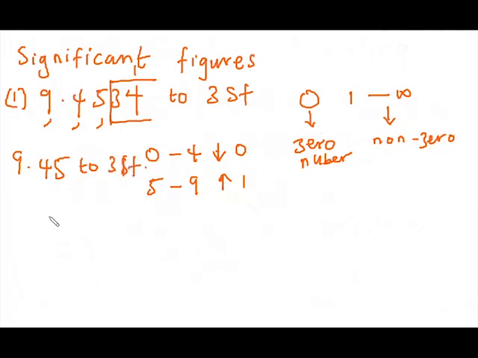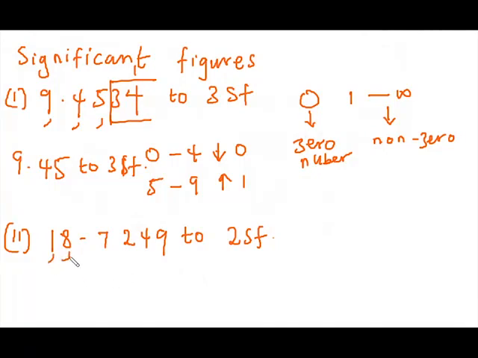For a second example, we are asked to round it to 2 significant figures. This means that the first 2 non-zero numbers are to be counted. So this is 1 and then this is 2. The rest of the numbers have to be eliminated.